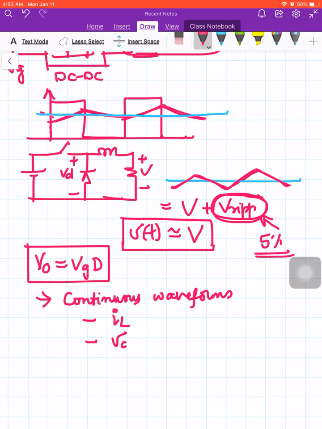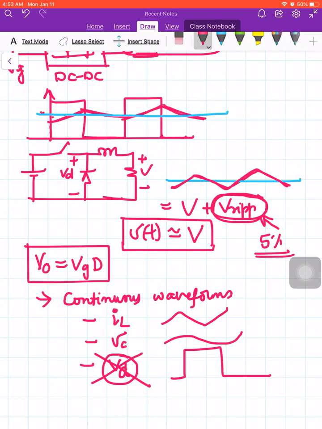So we should not try to apply this small ripple approximation to discontinuous waveforms just like the voltage across VD. We should not apply small ripple approximation to switching voltages, which is discontinuous, right? This is a discontinuous waveform, whereas the nature of inductor current and capacitor voltages are continuous in nature.